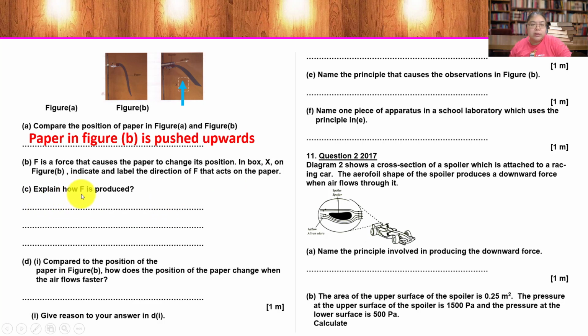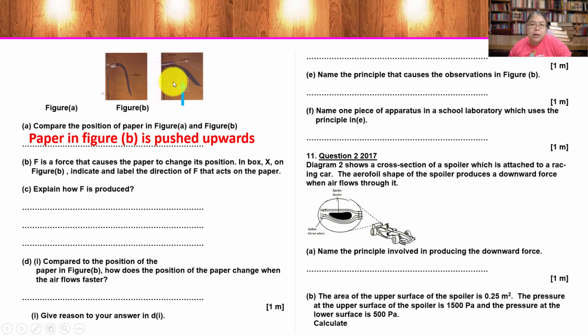Now you need to explain how the F is produced. How can this force be produced? This one you must relate to the Bernoulli principle. You must say when the nozzle produces gas moving at high speed, following the Bernoulli principle, high speed means it creates low pressure above the paper.